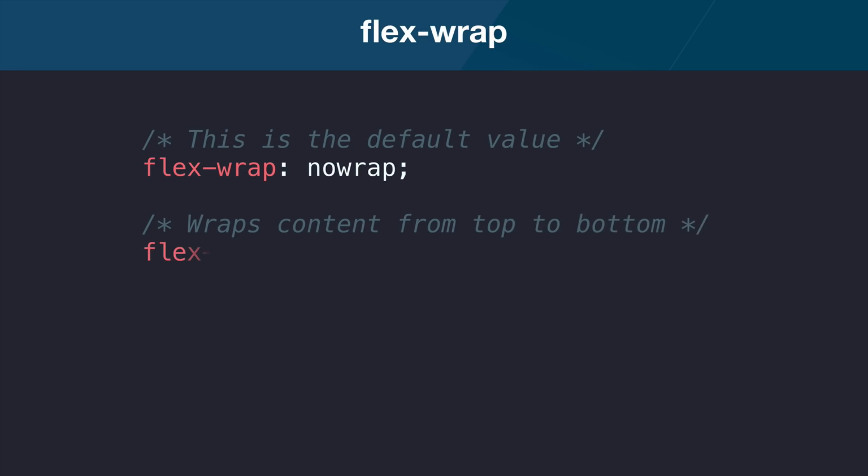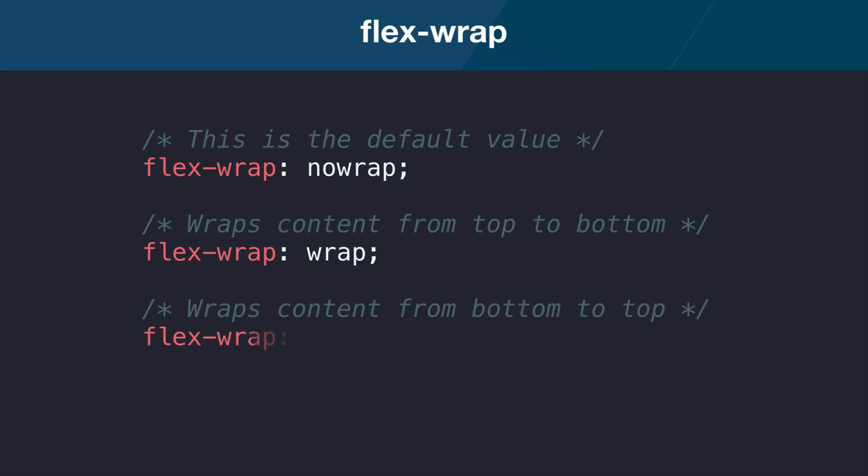So if we change it to wrap, we can wrap the content from top to bottom. So as soon as a Flex item hits the bounds of the container, it's just going to wrap to the next item. And then, of course, we have things like wrap reverse, which is going to change the reversal of the wrapping.